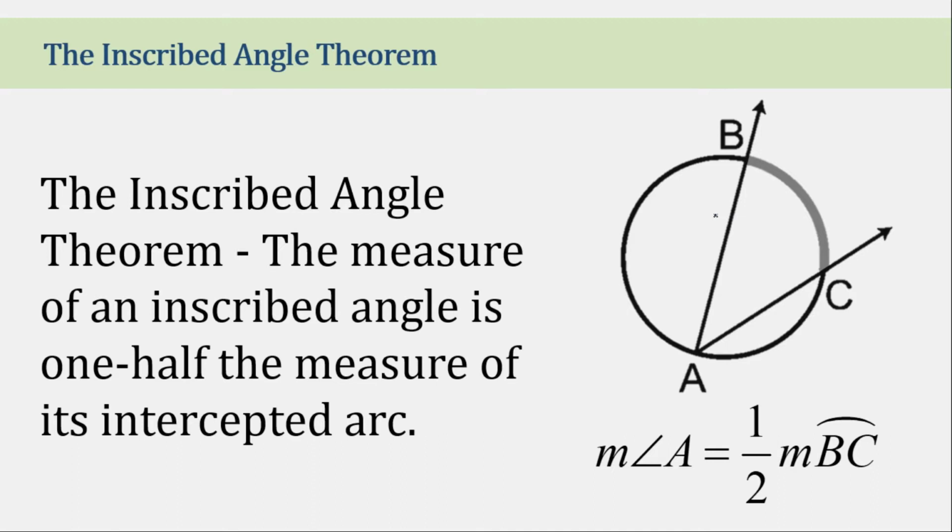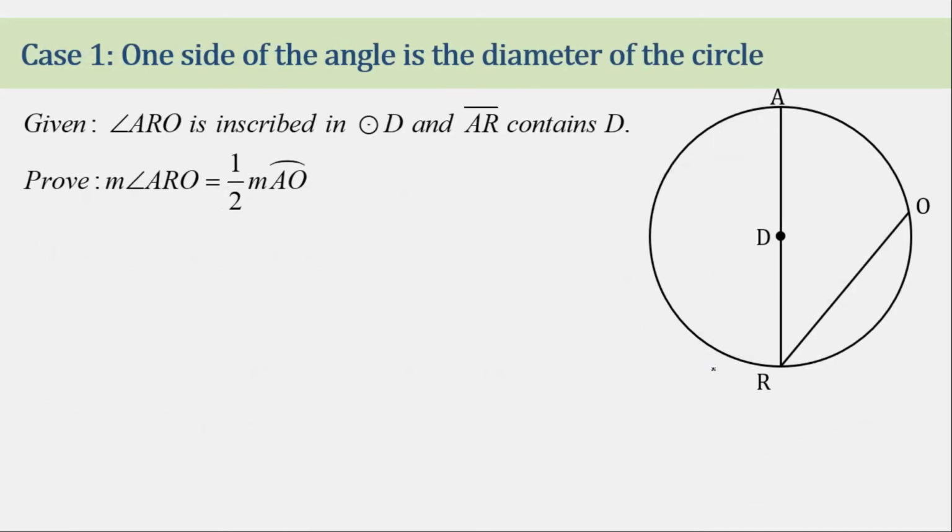We're going to prove this using the three cases of the inscribed angle that I showed you a while ago. In order for this statement to be acceptable, we need to have a proof for each case. For now, let's go with case number one.